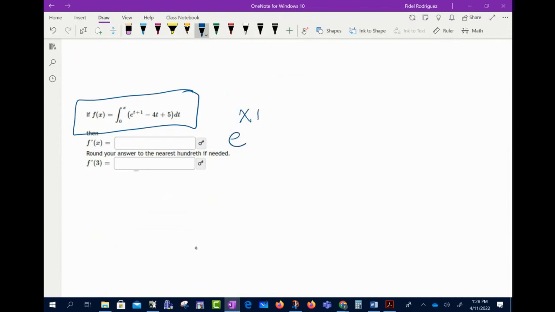So that's going to be e to the power x plus 1 minus 4x plus 5. Okay, there's my derivative. Now, for the second part, if we're going to find f prime at 3, aren't we just going to plug in a 3 everywhere we have an x?